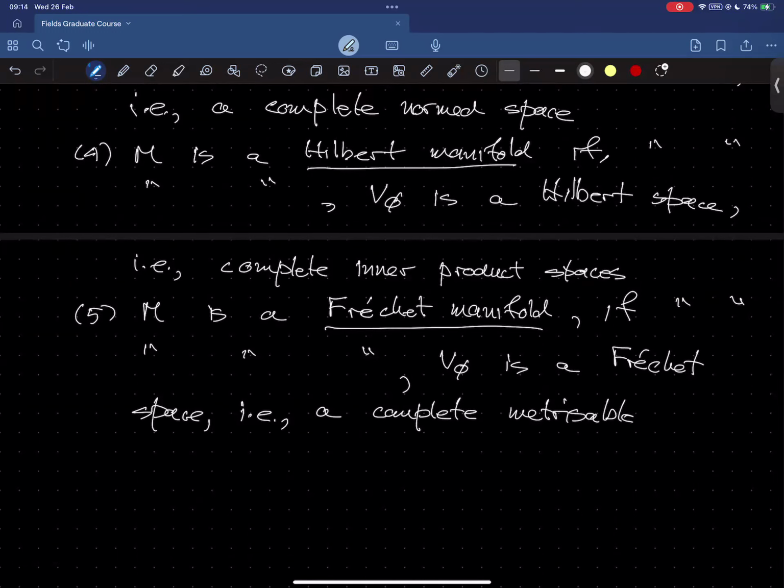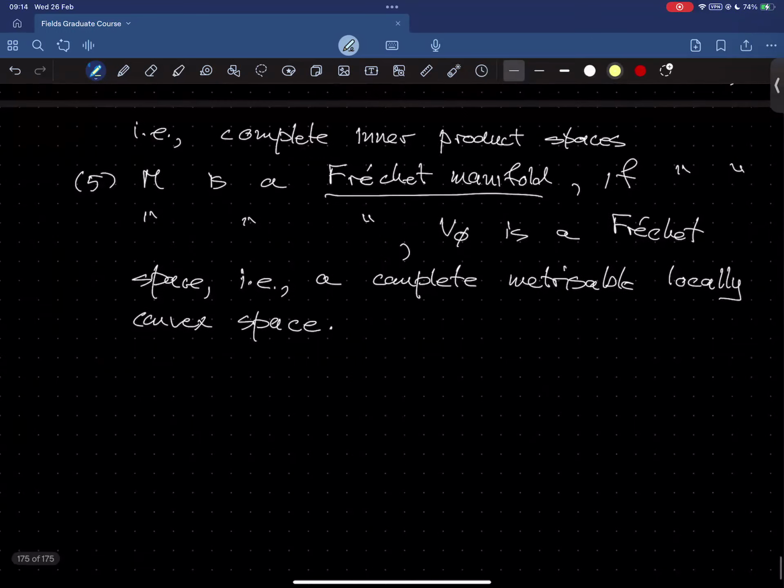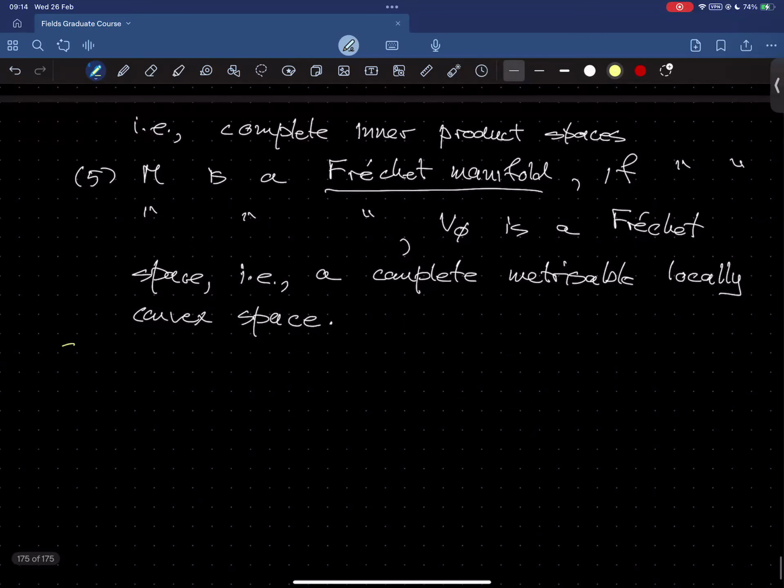So a complete metrizable locally convex space. Let me do that in an organized way with an aside.